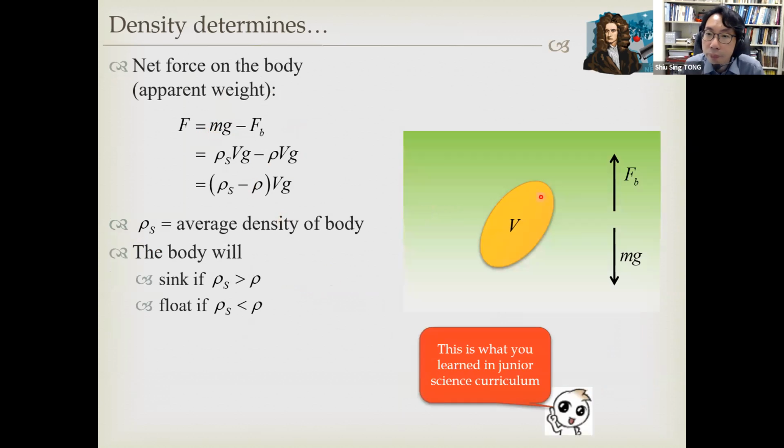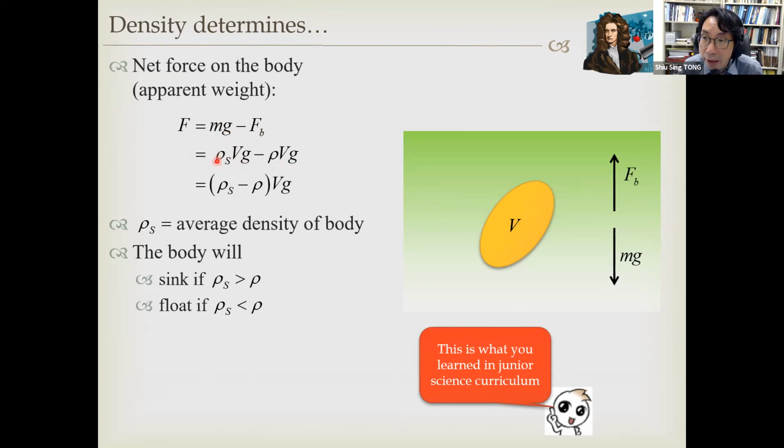Now, so this is what happens when a body is totally immersed in the liquid. The net force acting on the body is the weight minus the upward force. I choose the downward direction as positive. And since the body is now totally immersed, mg, the weight of the object, is the density of the object, rho s, multiplied by the volume, multiplied by g.